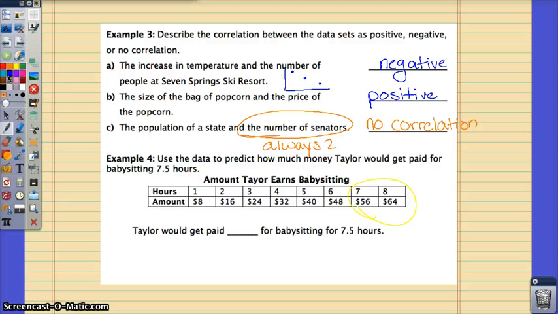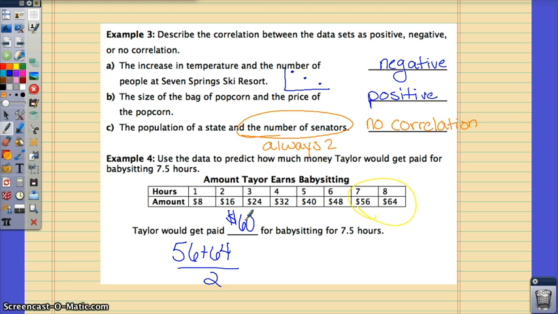That's a great idea. We can find the middle of 56 and 64. You can just count 56 to 64, there's a difference of 8, so add 4 to the 56. 56 plus 4 means $60. She's probably going to make $60 for babysitting for 7.5 hours.